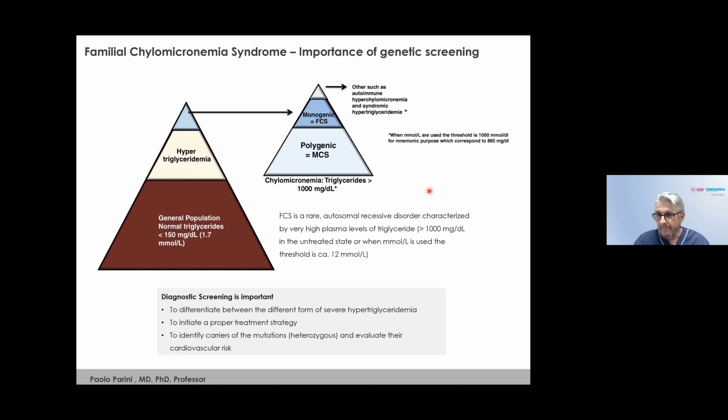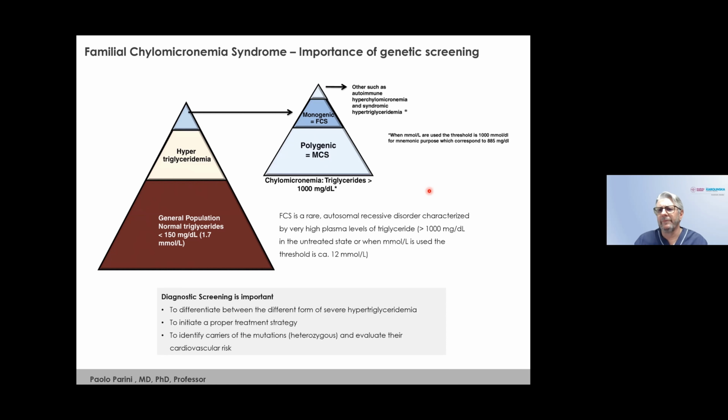This is very important, and it is important for how to manage patients with FCS versus the polygenic form. And it is also very important to choose the right treatment for these two different conditions.